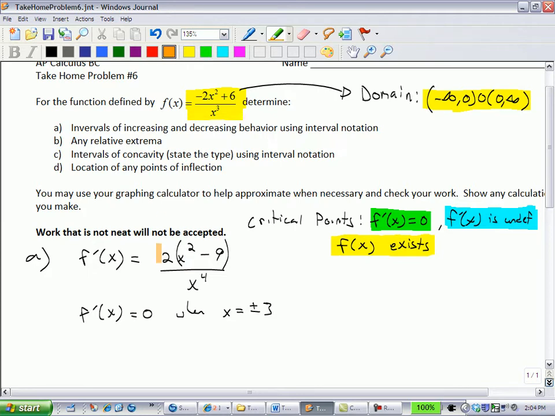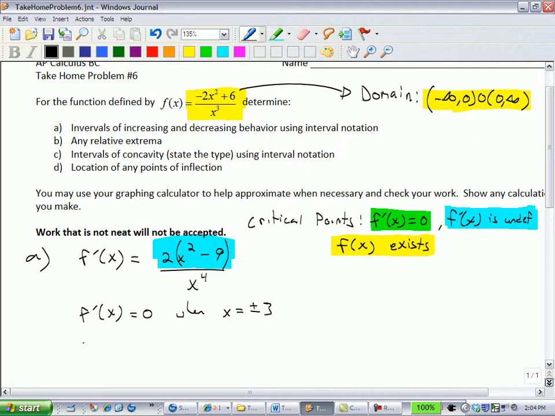You're just looking at the numerator. If you've got a rational function here, the only way to get 0 out of a fraction is 0 in the numerator, while 0 also doesn't make the denominator 0. So if x is 3, the numerator is 0, the denominator is not. If x is -3, the numerator is 0, the denominator is not. So f prime of x equals 0 when x is plus or minus 3.